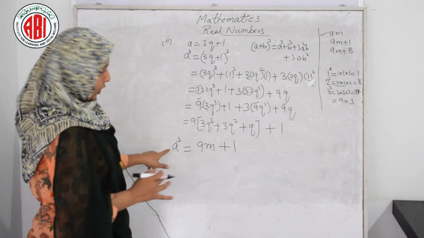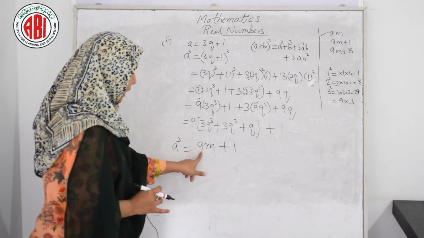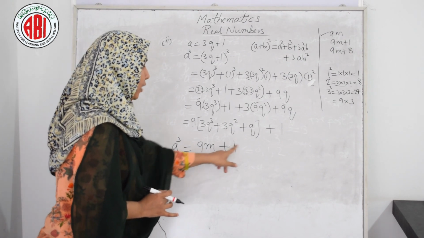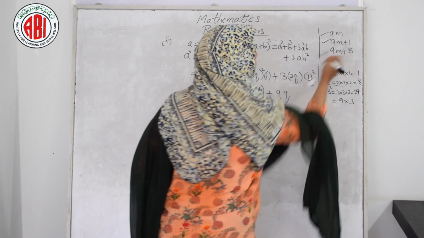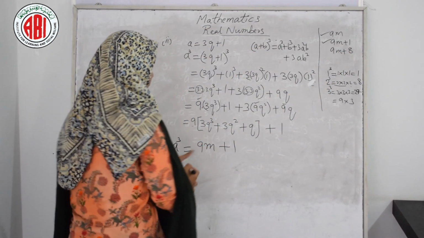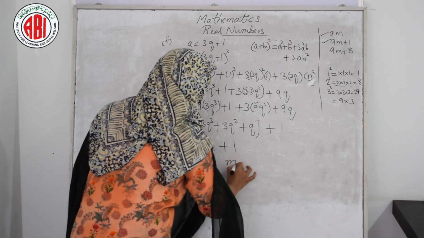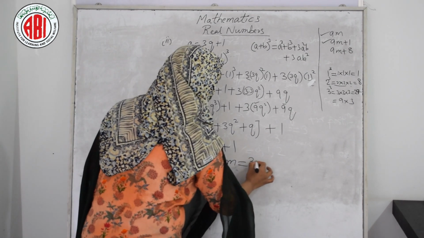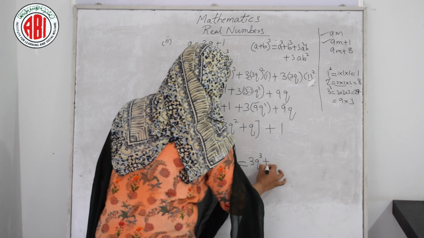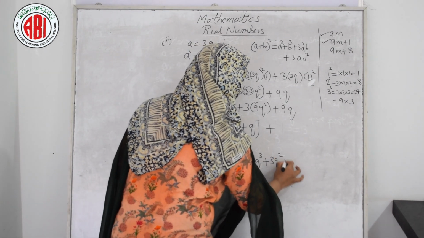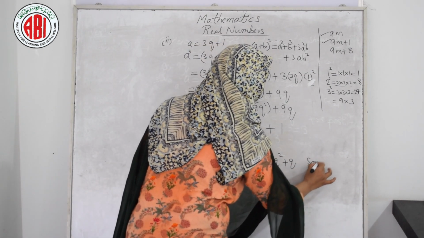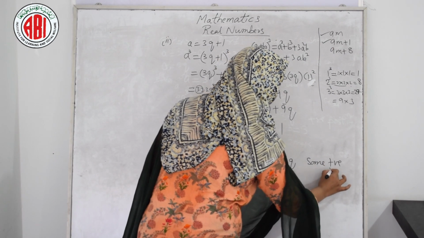A is a positive integer. Cube of positive integer comes in the form of 9m plus 1. Second one is finished over here. What about m? Where m is equal to 3q cube plus 3q square plus q, some positive integer.